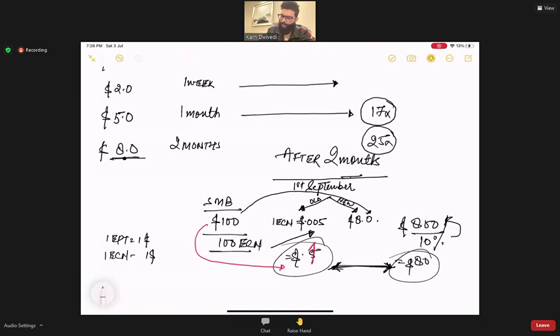Let's make it $1. Let's say the price didn't drop. Your $100 SMB, when you take out, is valuing $1. And you are talking about investors killing you here.